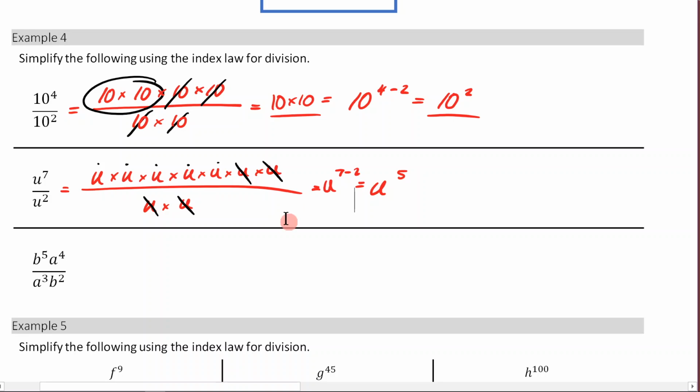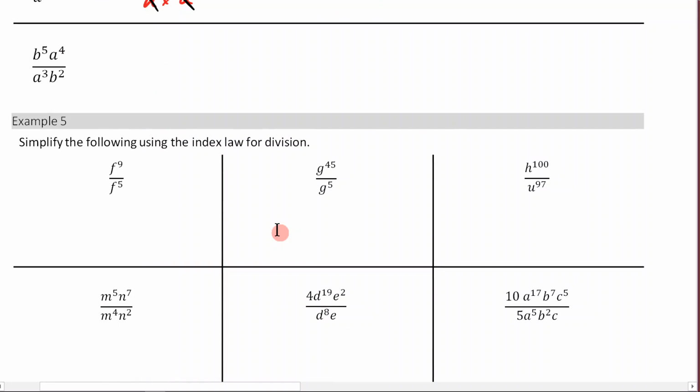All right, last one, and then we'll go into some questions. Here, if I was to write this out the long way, it would be b times b times b times b times b, because I've got 5 b's, then I have 4 a's, 1, 2, 3, 4.